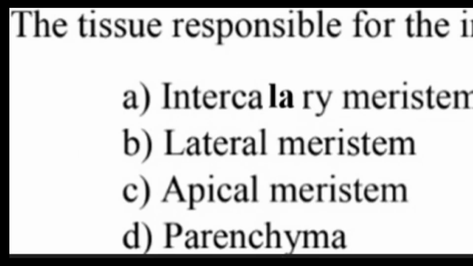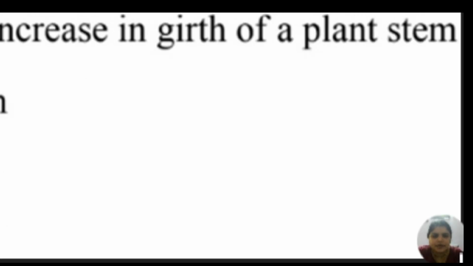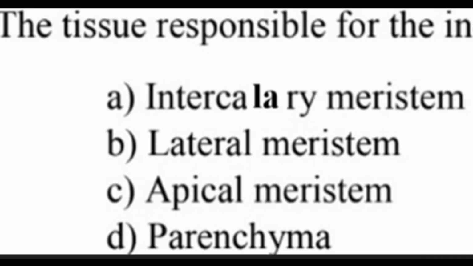Responsible for the increase in girth of a plant stem. Girth means the width of the plant stem. Which one is it? A, intercalary meristem, B, lateral meristem, C, apical meristem, and D, parenchyma. Intercalary meristem is a meristem found in between the internodes.